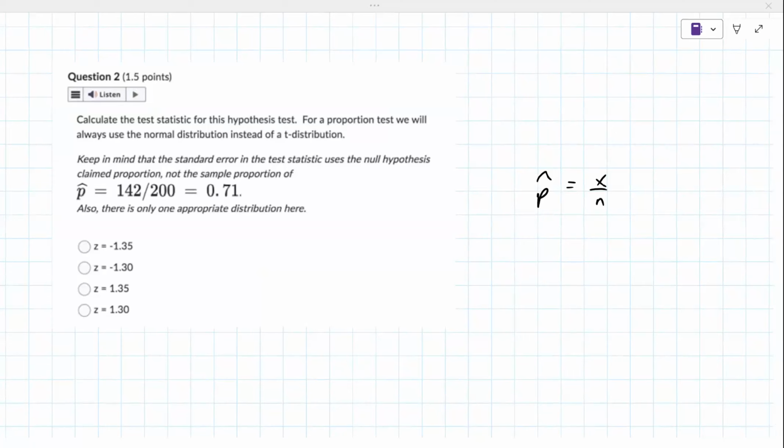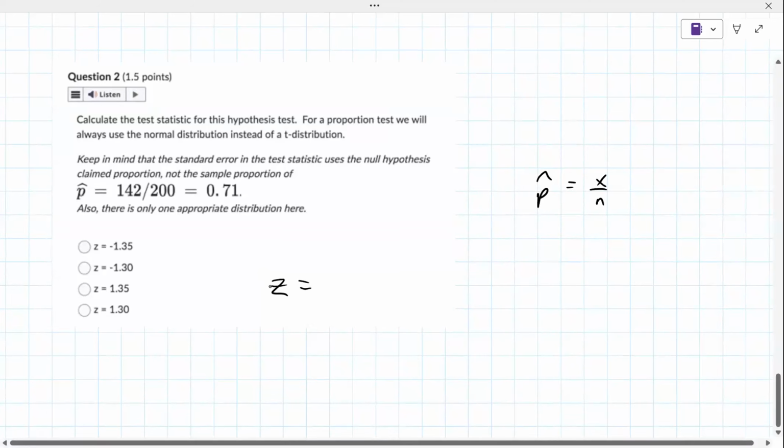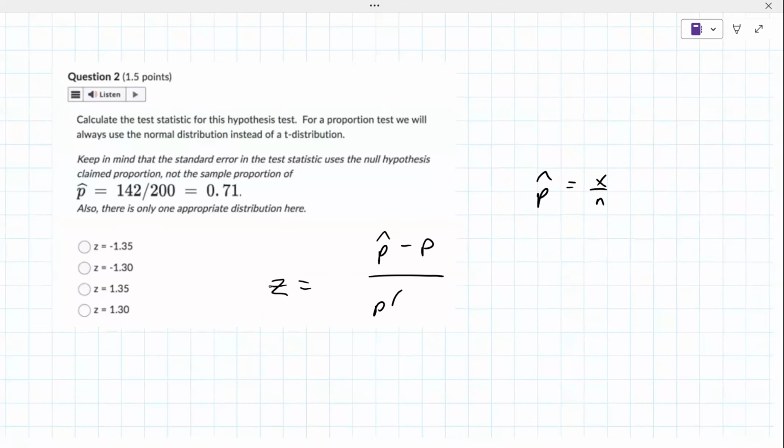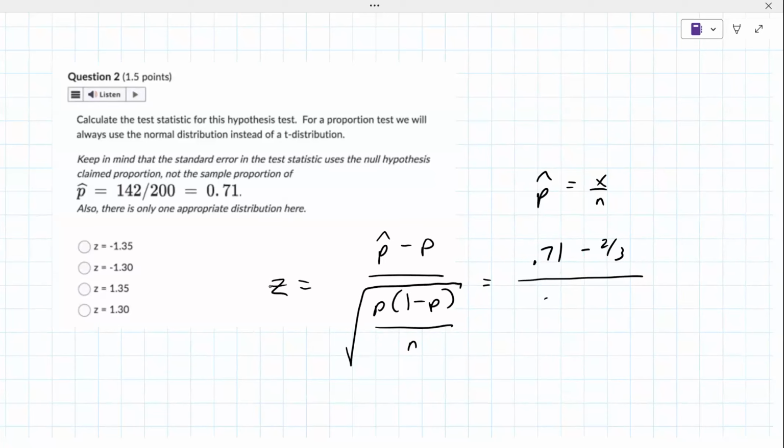All right, so the formula here is z equals p hat minus p over the square root of p times 1 minus p over n. I have that one. In your problem, p hat is 0.71 minus 2/3, over 2/3 times 1 minus 2/3 over 200, square root of that.